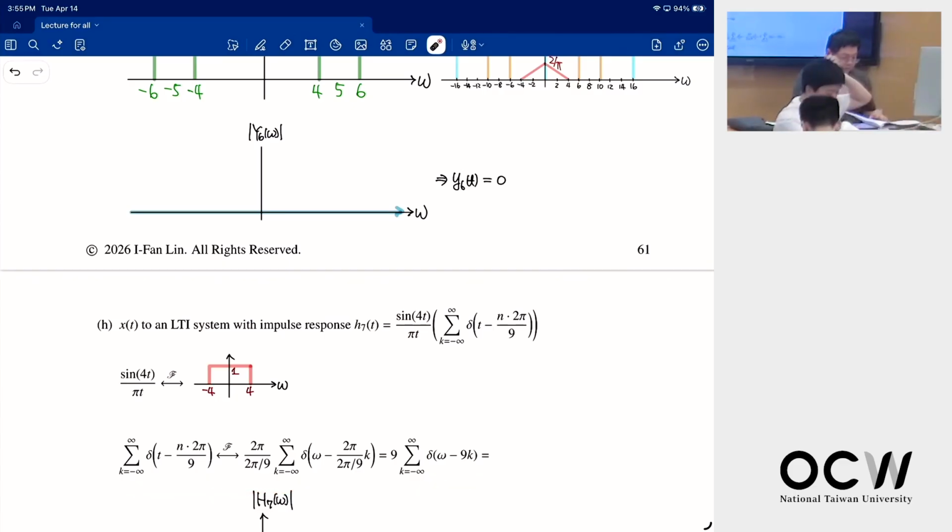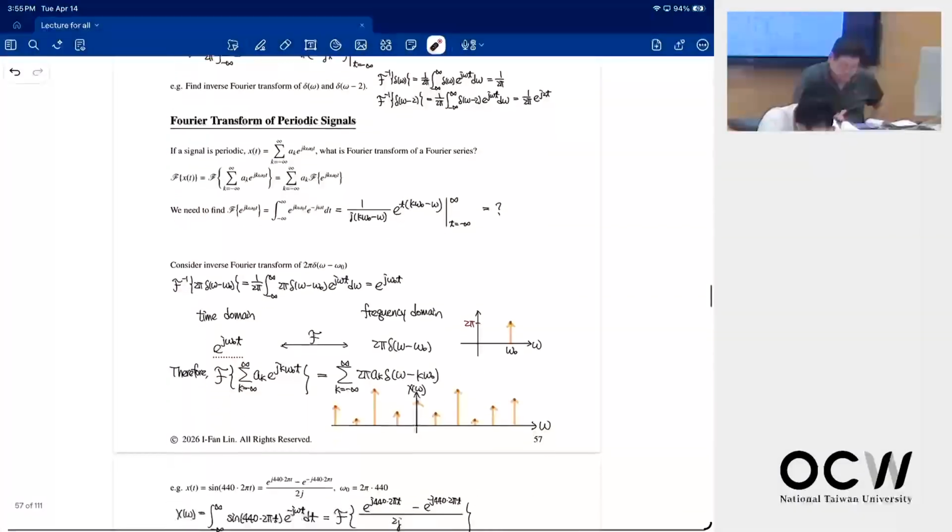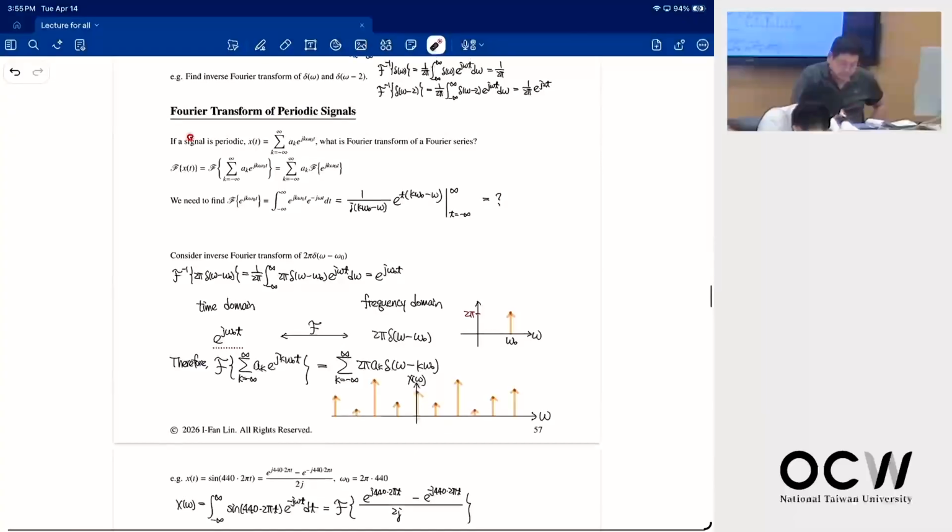Okay, so for the impulse train in frequency domain, last week we mentioned that this is like a periodic signal, right? So for the periodic signal, your Fourier transform is still like a impulse train with a period.